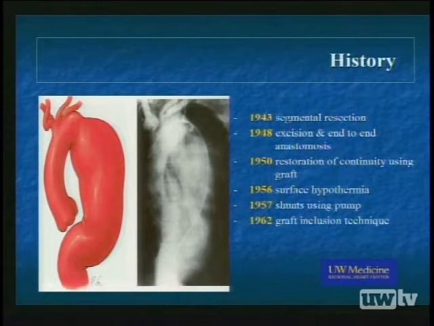In 1950, it was no longer necessary to bring the two ends of the vessel together, but rather the gap was bridged with graft material for the first time. The importance of metabolic slowing and neuroprotection was appreciated sometime later, as in 1956 the application of surface hypothermia was first used, and in 1957 distal perfusion was achieved using shunts and a pump for the first time.